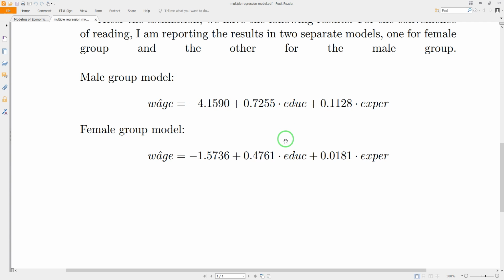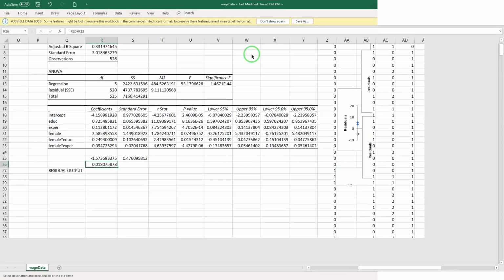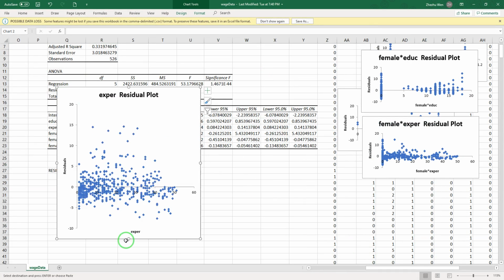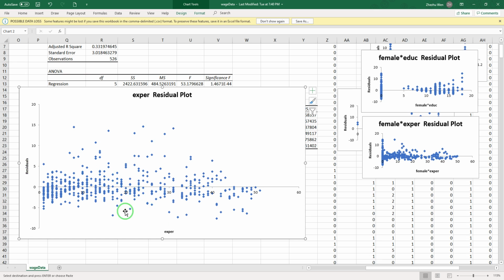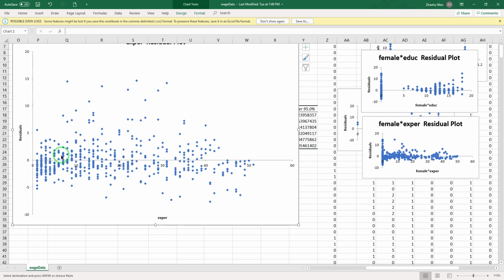Tenure means the number of years with the current employer. So all these things can be added together to help you make a better model. So here, I'm not going to spend more time discussing the residual plot because there's really nothing you can fix anyway, unless you decided to spend a lot of time to improve the model to make it your dissertation. But again, the data is old. People will question the timeliness of your research.